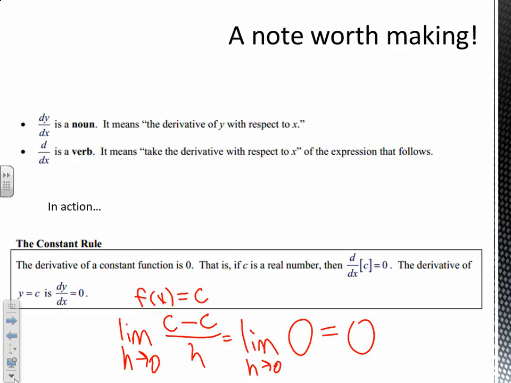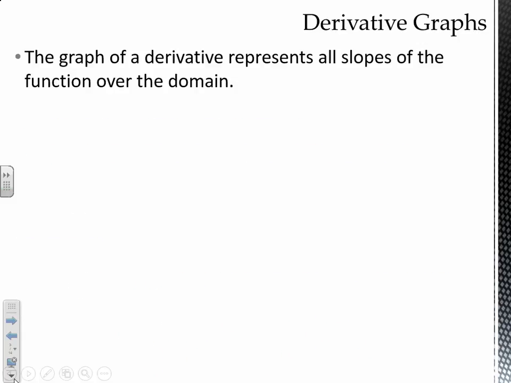Okay. Now for the fun stuff. We get to analyze a function's graph and think about what the derivative graph is going to look like. Okay? So, if we talk about a derivative graph, basically all those values are representing the slopes of the original function.